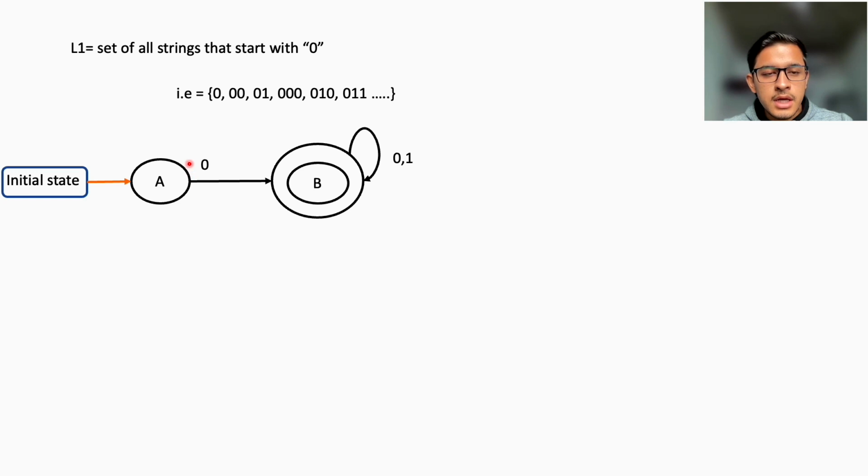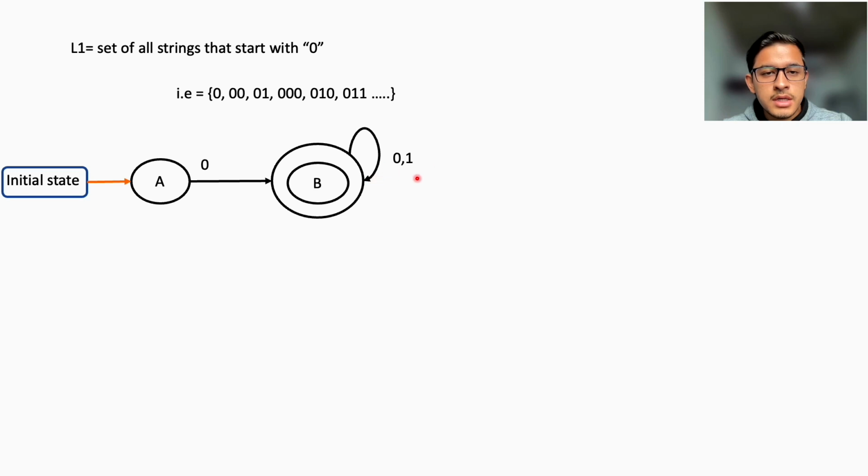When it accepts 0 as an input, it goes to another state B, and again B will also accept some input 0 and 1, and it will go to some other state. But here we have defined B as a final state, so we have created a self loop.